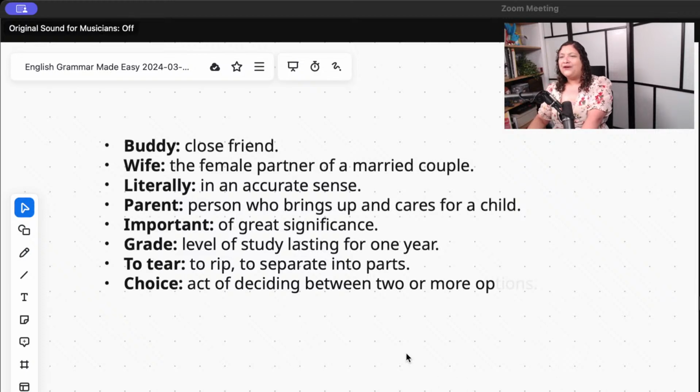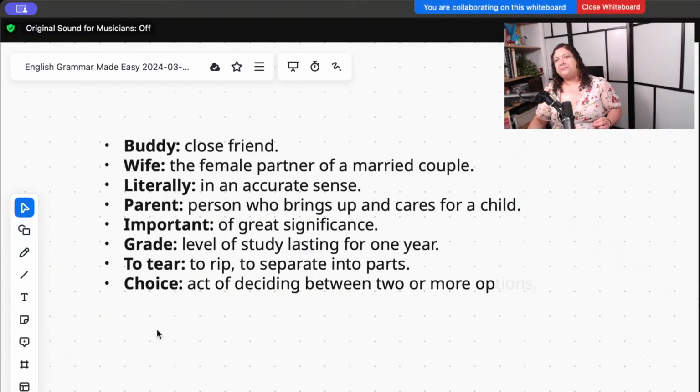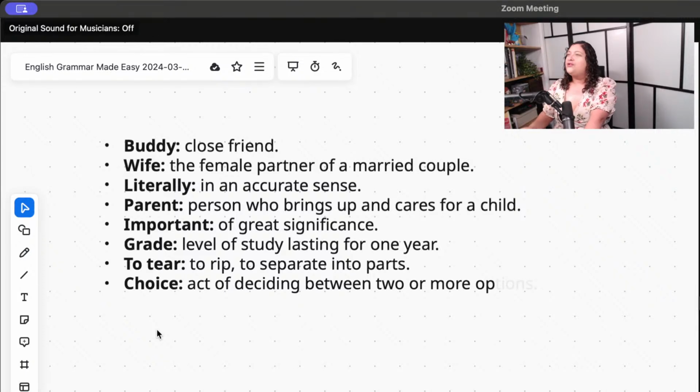Then we have the verb to tear. Please repeat after me. To tear. Now, to tear means to rip something apart, to separate into two parts, como separar, ¿va? Then we have choice. Please repeat after me. Choice. Choice es como una decisión.